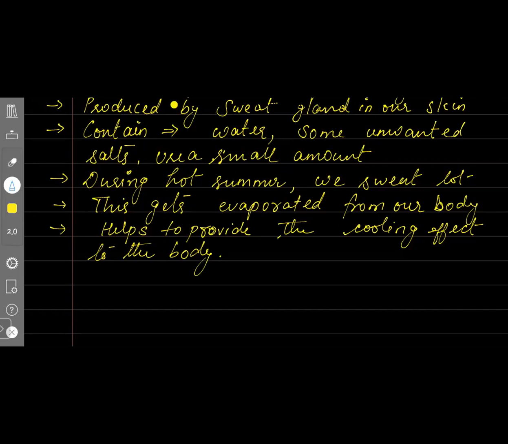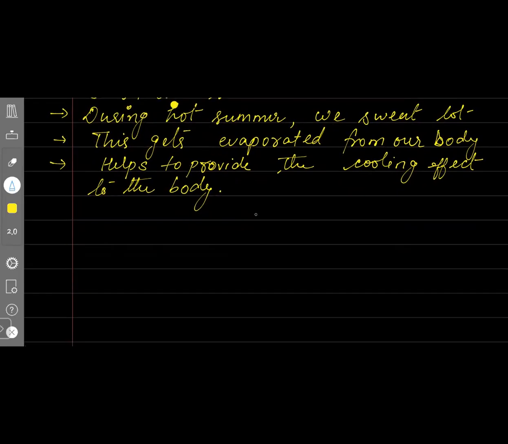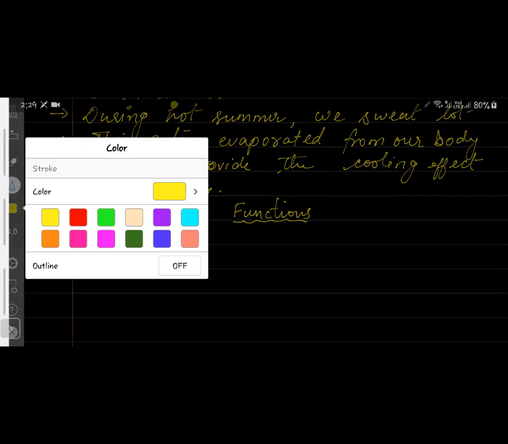So there are two major functions. Everywhere there is a vein, arteries, and blood capillaries, everywhere, except the cornea.